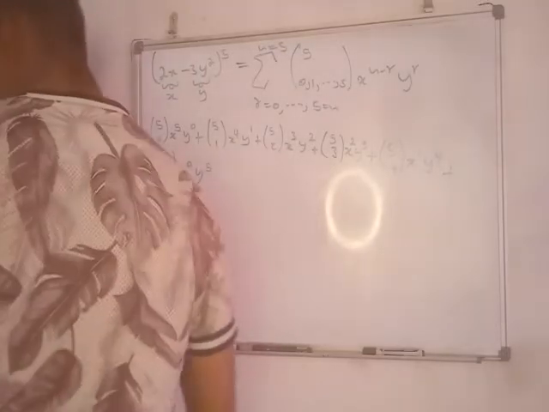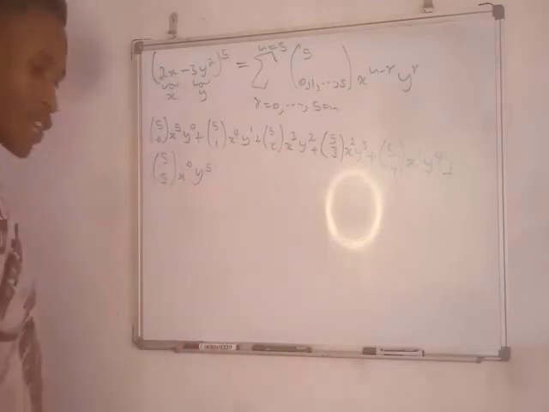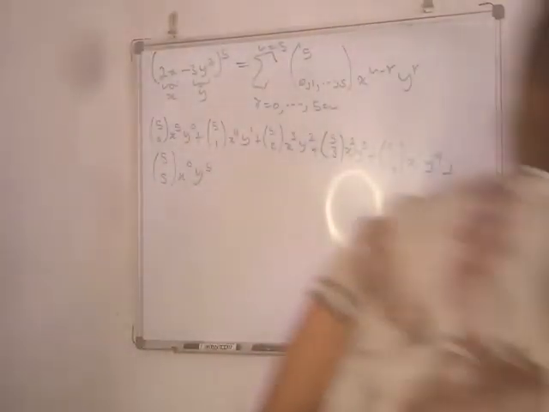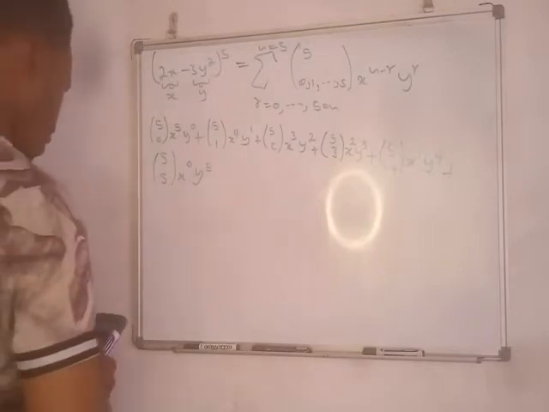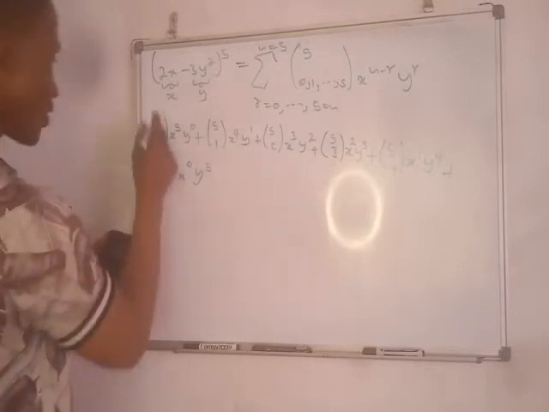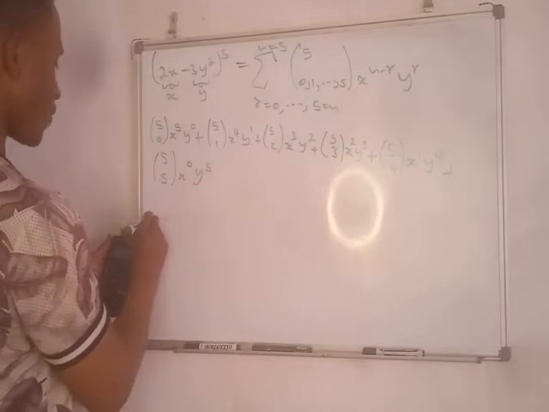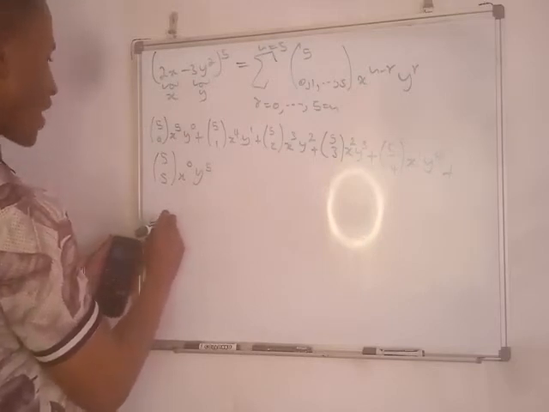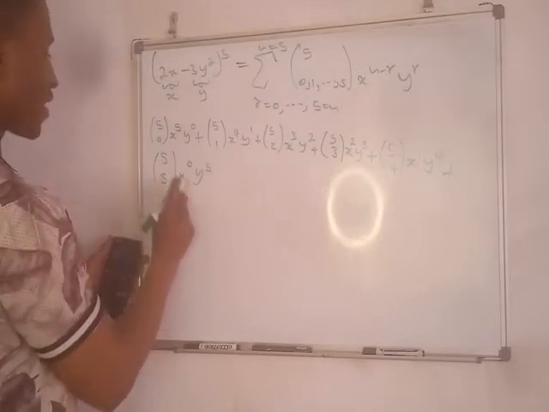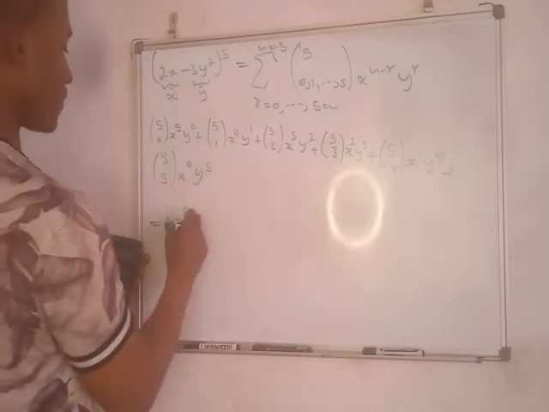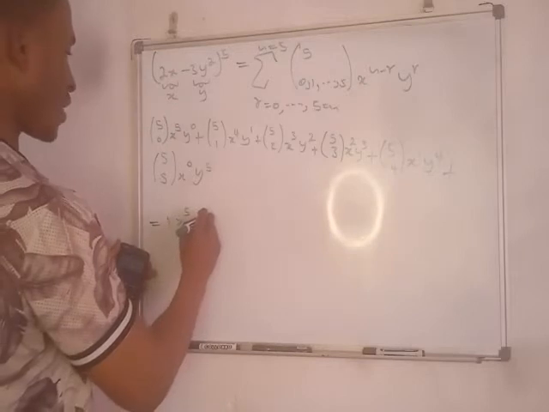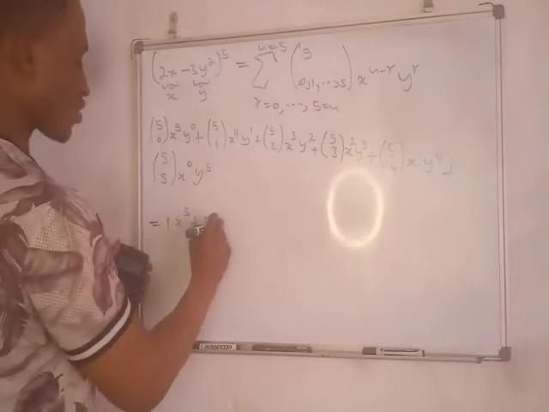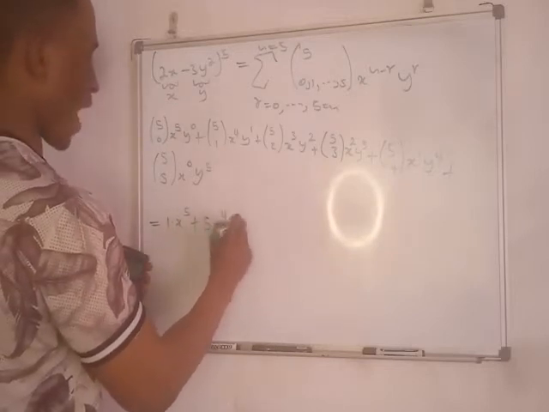So this is how we do combinations. You can use your own calculator. 5 combination 0 is just 1, multiplied by x to the exponent 5. This y, no need to write it. Plus 5 combination 1, it's 5, x to the 4, y.